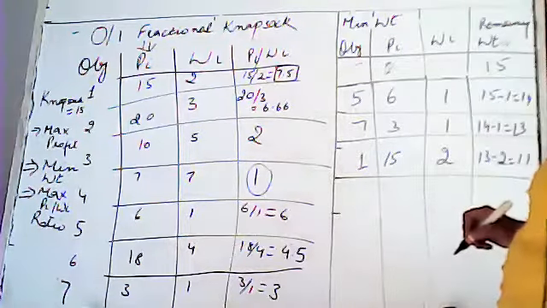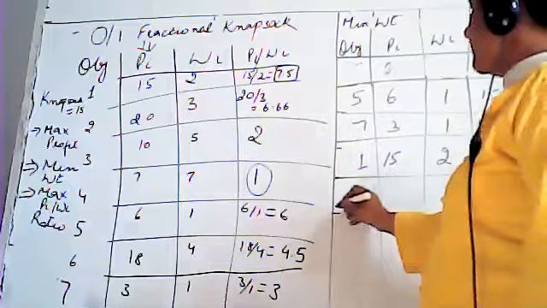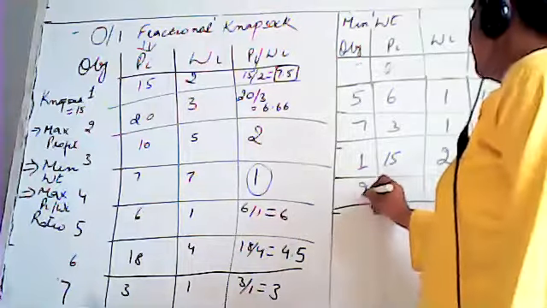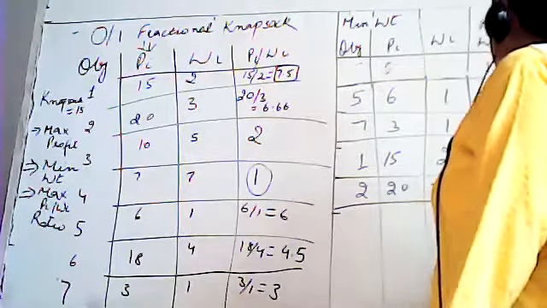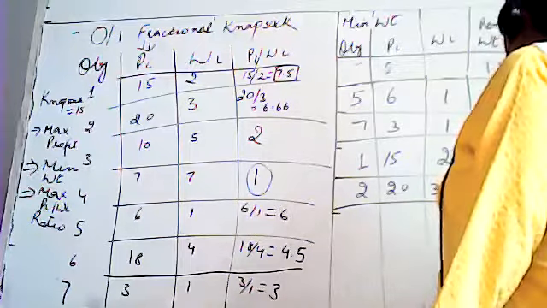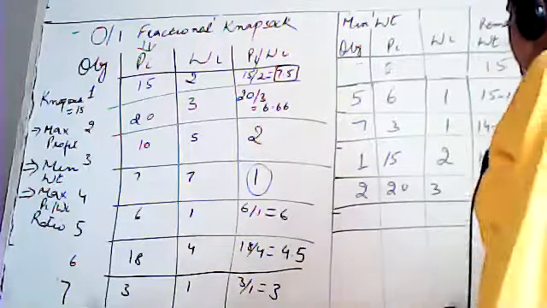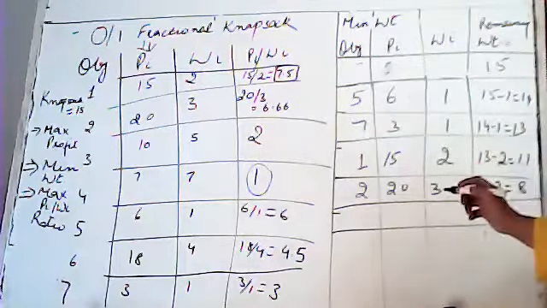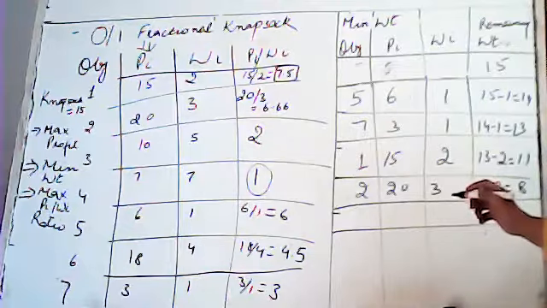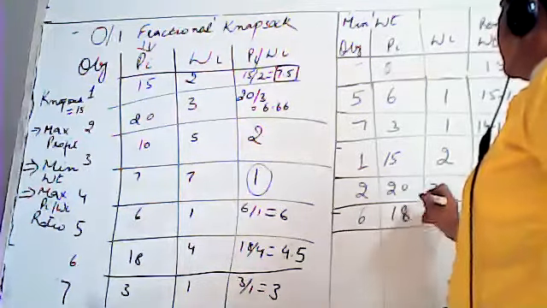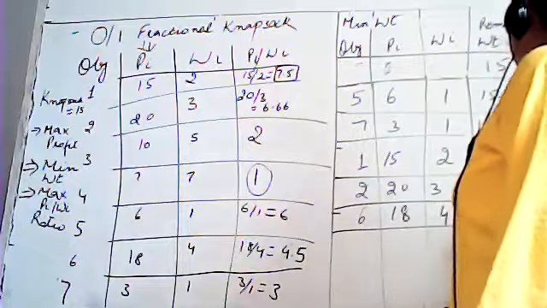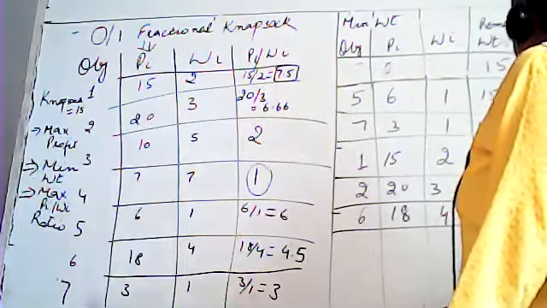Next object, the second object, profit 20, weight 3. So 11 minus 3 would be 8. Next object, the sixth object, profit 18, weight 4. 8 minus 4 would be 4.